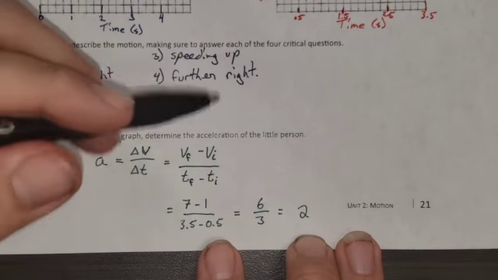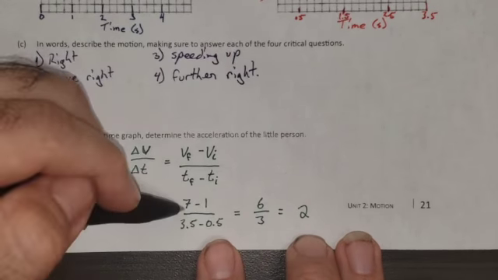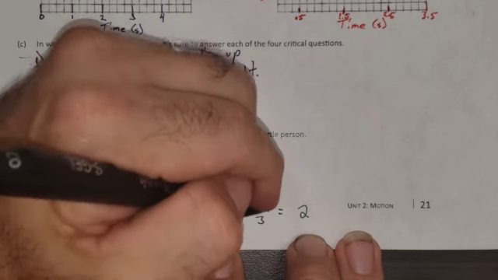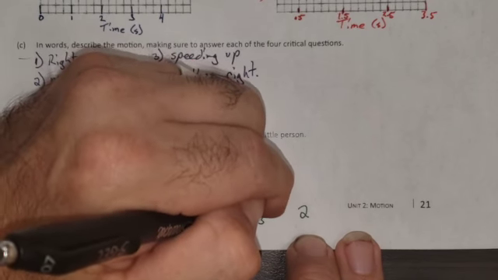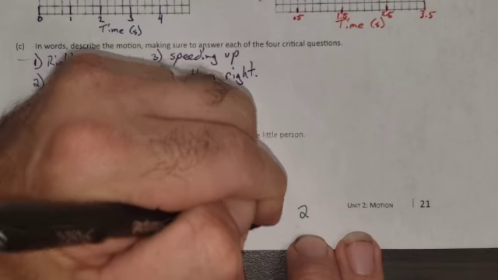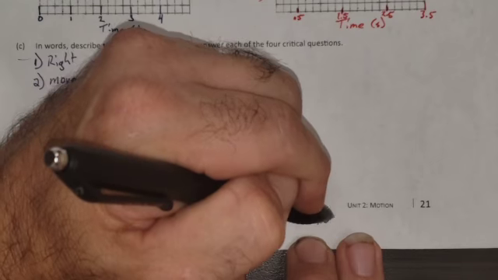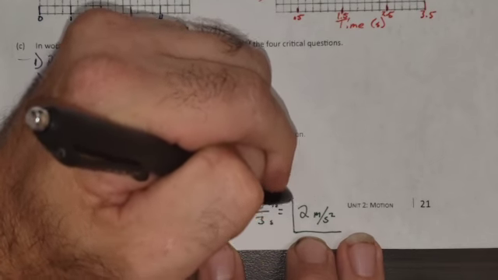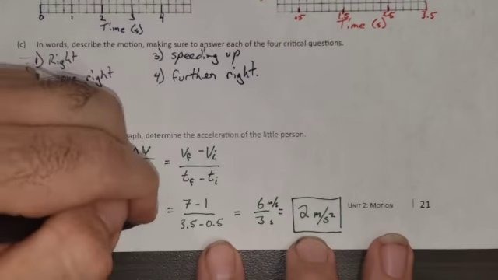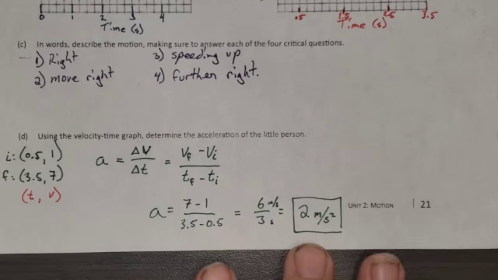Now, units, we have velocity over time. So this is meters per second divided by seconds. So our units here are going to be meters per second squared. And that is our acceleration. And that's the problem worked through for problem number 57.